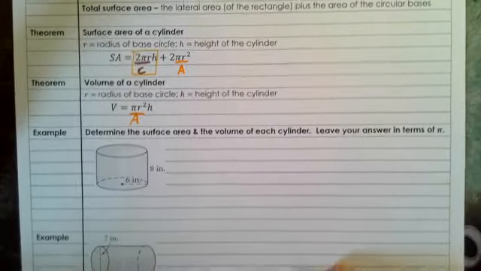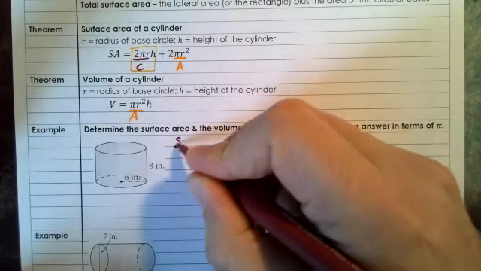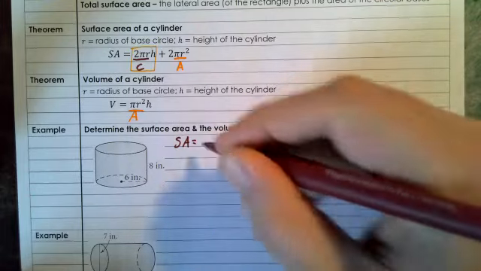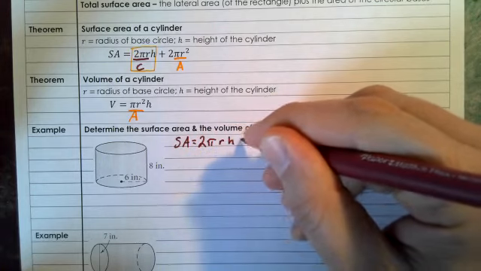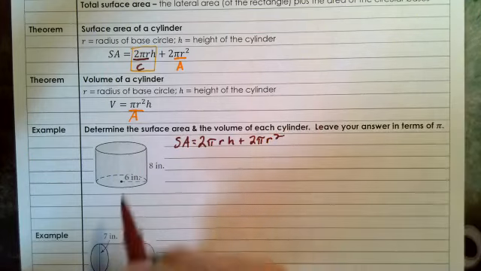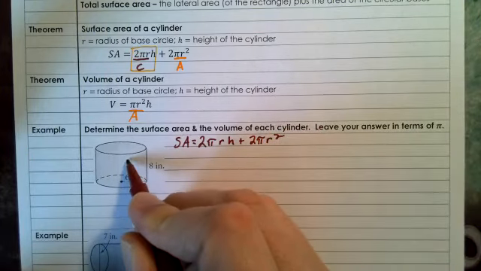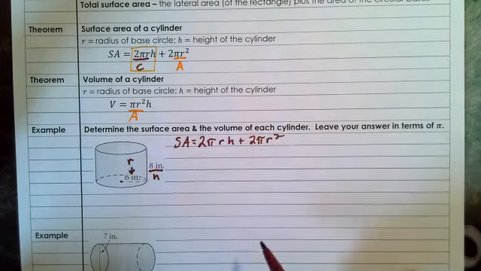So let's try this formula out. If I wanted to find the surface area and the volume, my surface area is 2 pi r h plus 2 pi r squared. So that 6 inches right here is our r, and this 8 inches right here is the height of our cylinder.